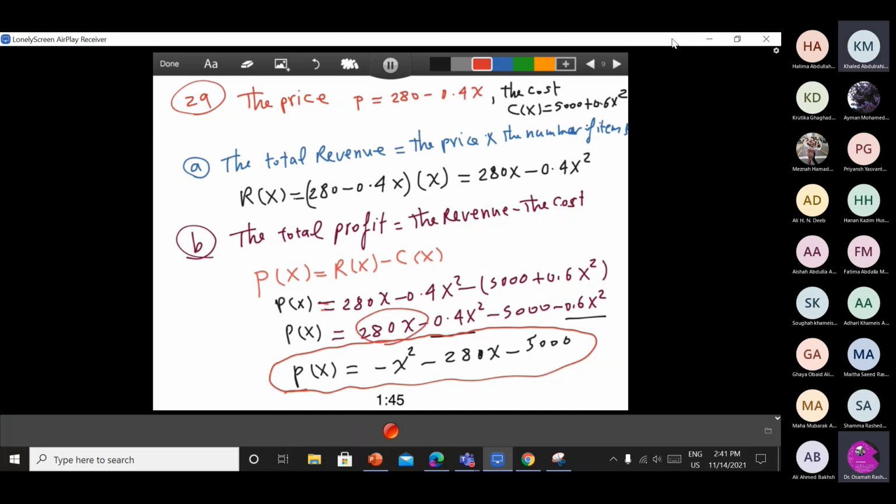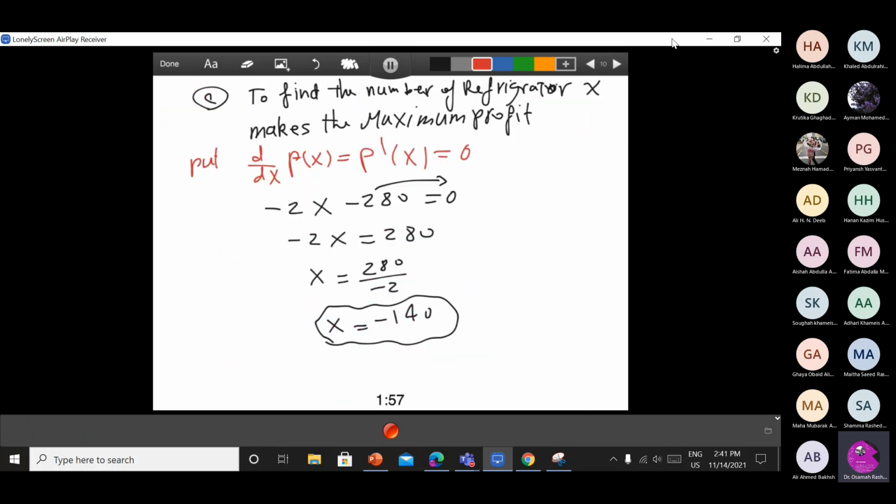When we move 280, we change the sign. So this is a mistake I discovered when I solved the question. So you have to check and don't be mindless when you get any number, right? So this is a mistake here. It will be minus 280, so it will be plus 140. This is the number of refrigerators.